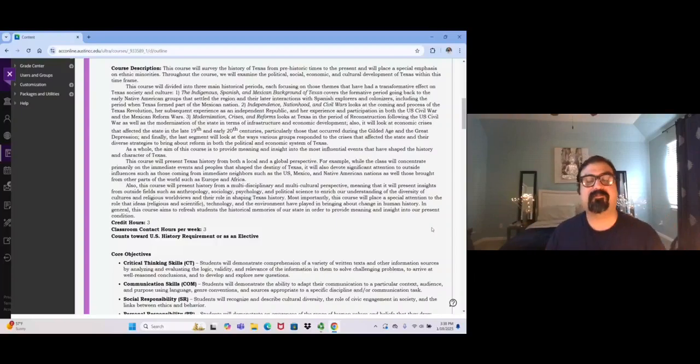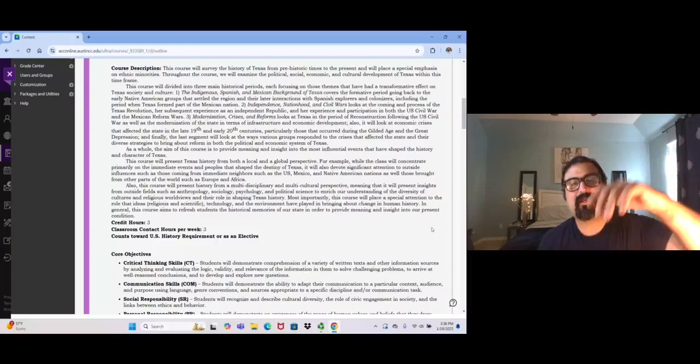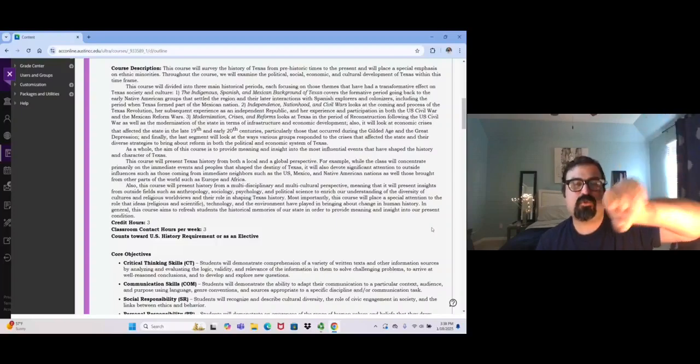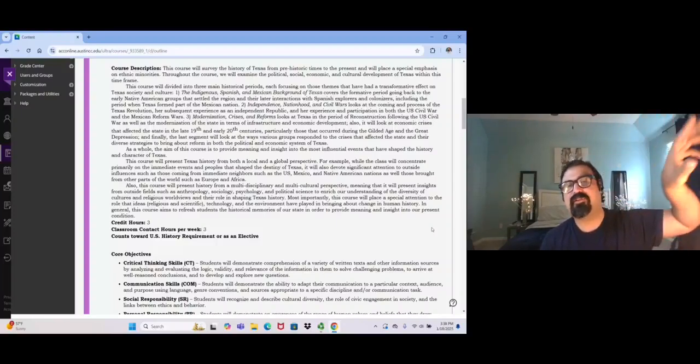the Toltecs of central Mexico also had an impact in the development of the indigenous societies of Texas as well, because there were, of course, trading systems in which the Toltecs had contact with the different tribal groups of the Rio Grande Valley, for instance.